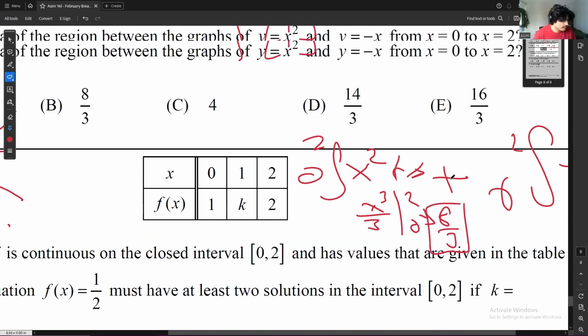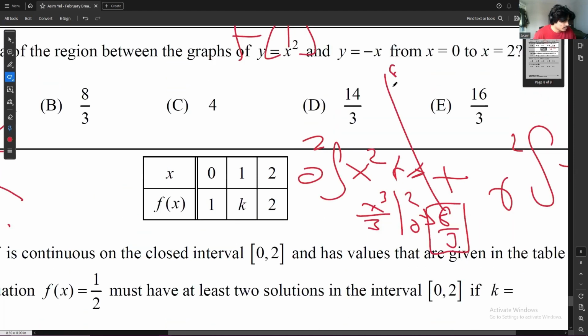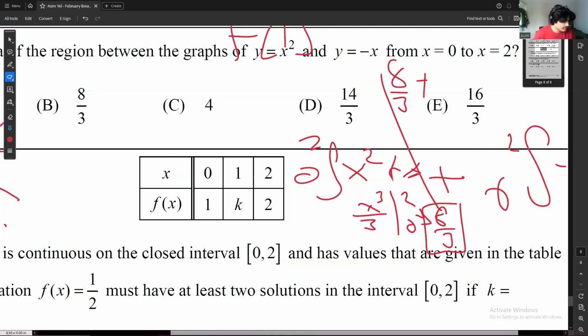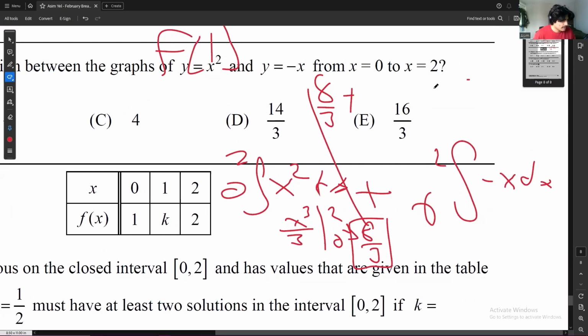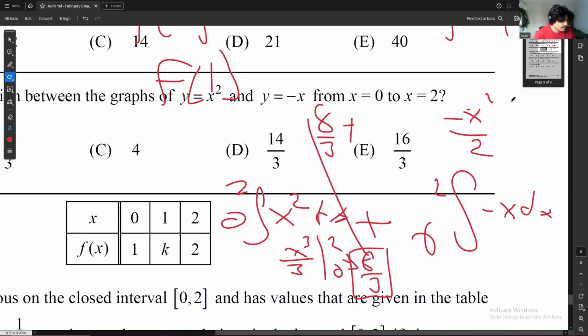Plus the other integral, which is going to be negative x squared over 2. If I plug in 2, I'm just going to end up with negative 4 over 2, which is negative 2.